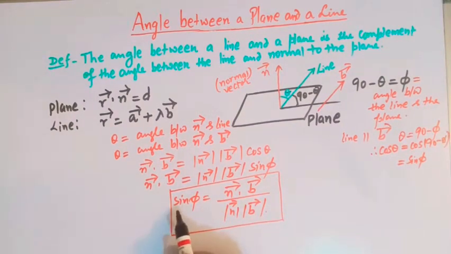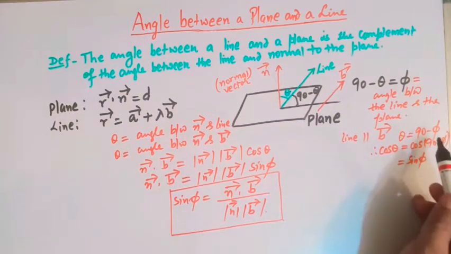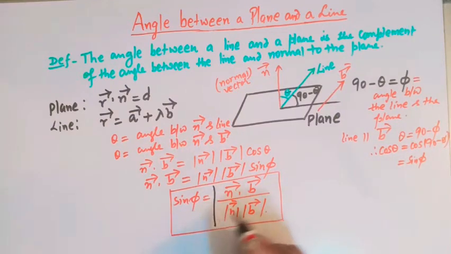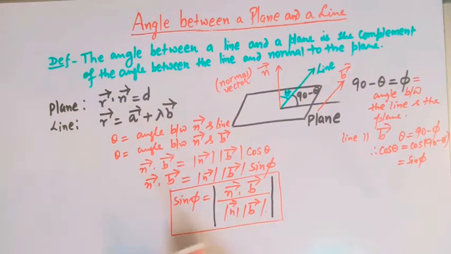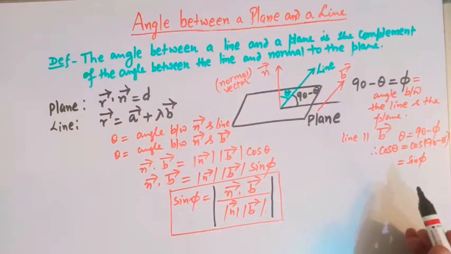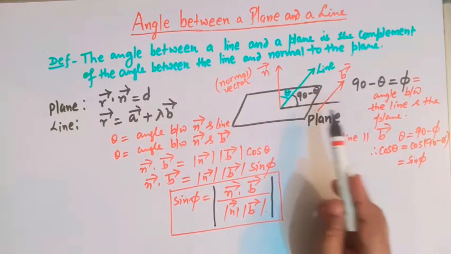Here the angle phi is an acute angle, so we take the absolute value of this expression. So let us take some examples to illustrate this discussion.